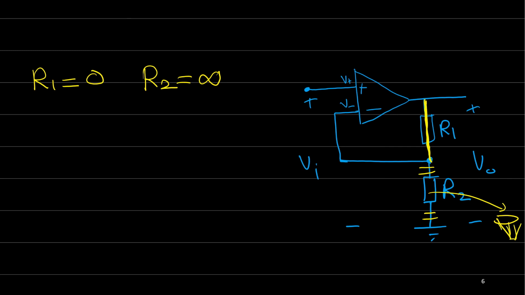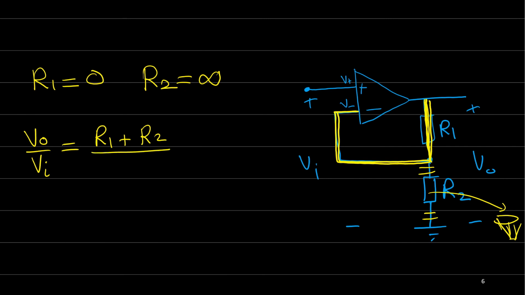So this will be an open circuit, and here this will be connected directly to the input. What's happening at this moment? We know that for the non-inverting amplifier, V out over V in equals R1 plus R2 over R2, so this is R1 over R2 plus R2 over R2, which is 1, right?